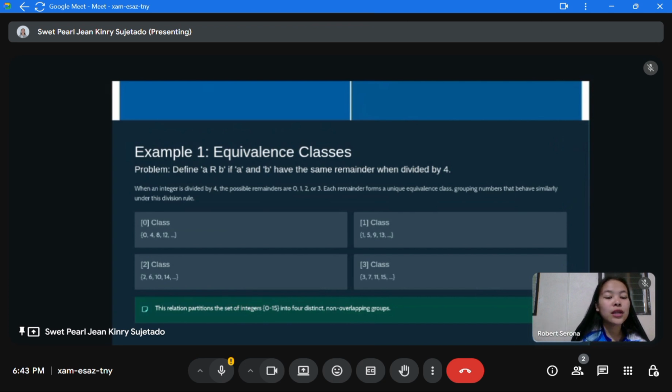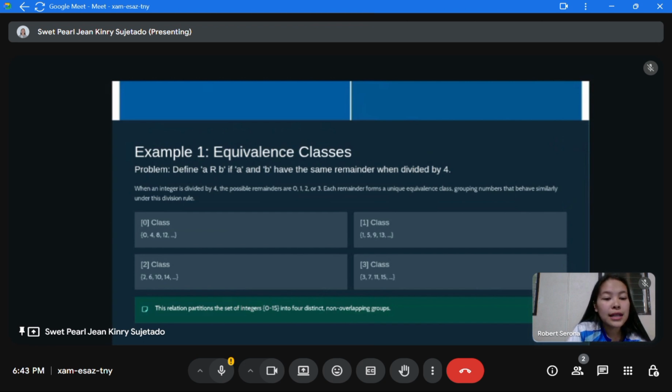That means we can group numbers like numbers that leave remainder 0, so 0, 4, 8, and 12. Numbers with remainder 1: 1, 5, 9, and 13. For remainder 2, we have 2, 6, 10, and 14. And the last class is remainder 3. We have 3, 7, 11, and 15.